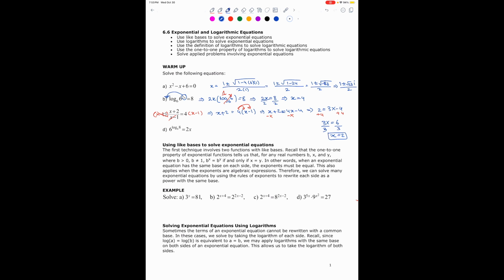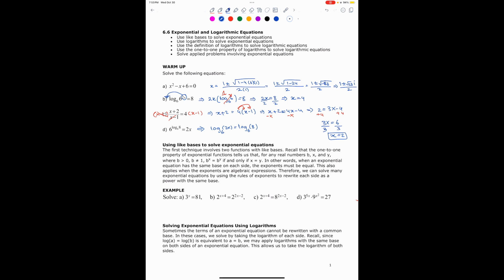Last but not least, we have 6 raised to the log base 6 of 8 equals 2x. So we can rewrite this as a log because it's an exponential form. We can rewrite it as the base is 6. So we're going to say log base 6 of 2x equals log base 6 of 8.